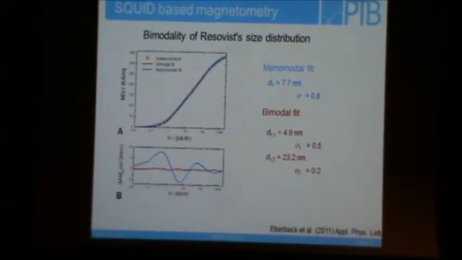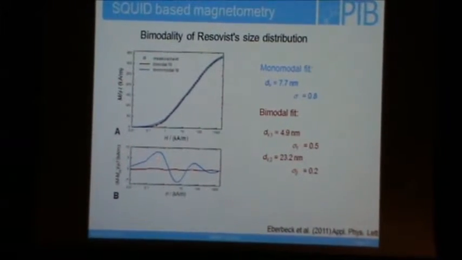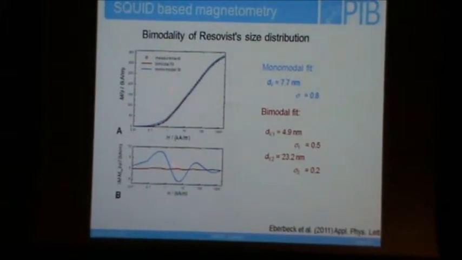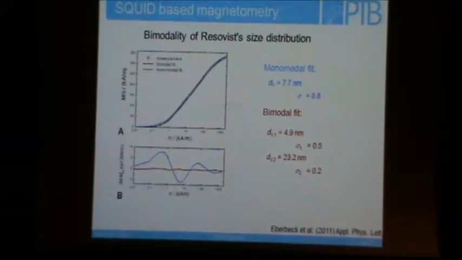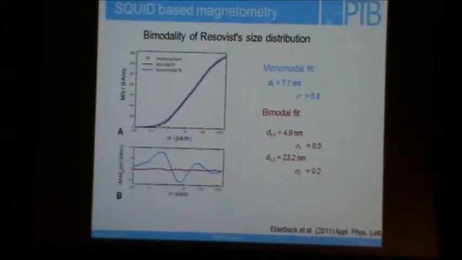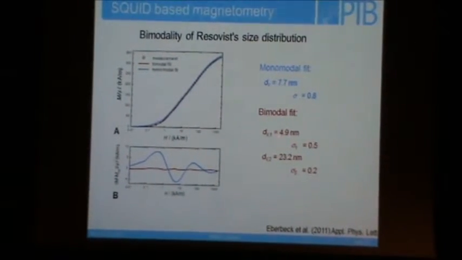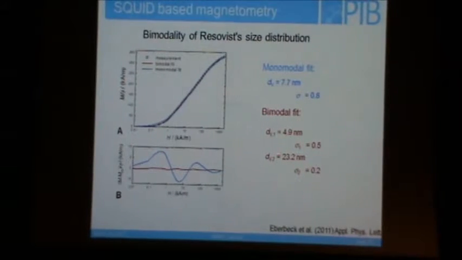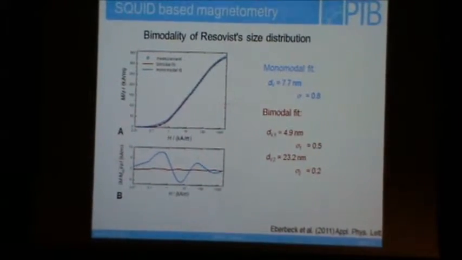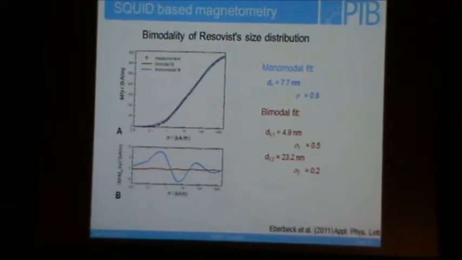But if you look very carefully at the fit, you see that it deviates from the reality only slightly, but if you measure carefully, you see that there's a systematic deviation. And if we fit this by a bimodal distribution, by 2 different size maxima, then we end up at a diameter of about 5 nanometers and a second diameter of 23 nanometers, which we interpret to be the clusters or aggregates of these particles.